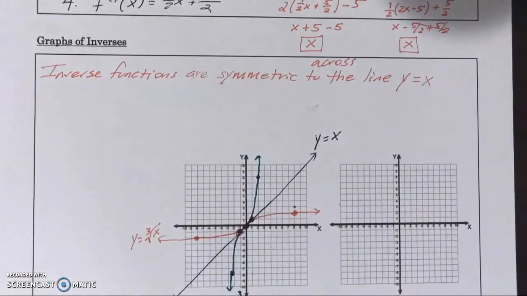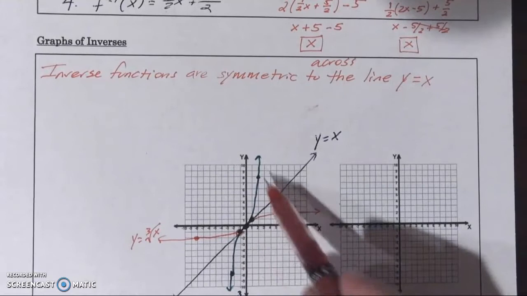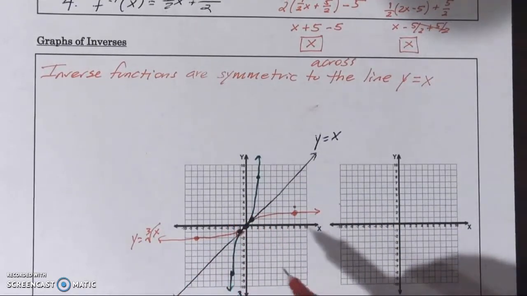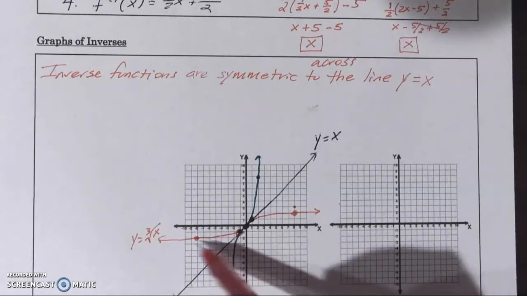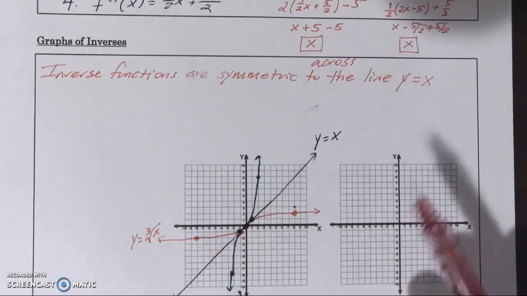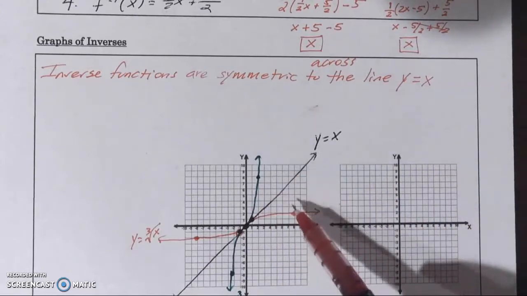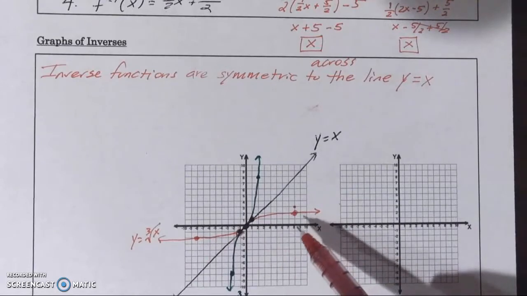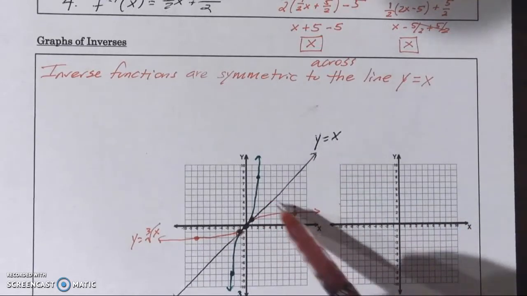All right. Just a visual representation of what inverse functions look like on the graph. Okay, if you saw these two functions on a graph and I asked you, are they inverses of each other? If I asked you to prove that, we need to kind of measure distance and symmetry. All right, but we're not going to. To the naked eye, it should look very much like these are inverses of each other. Okay, symmetric across the line y equals x.